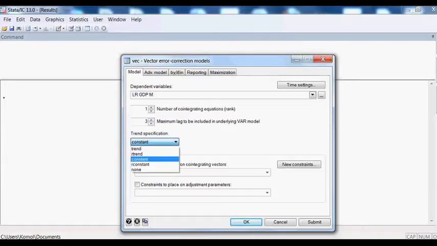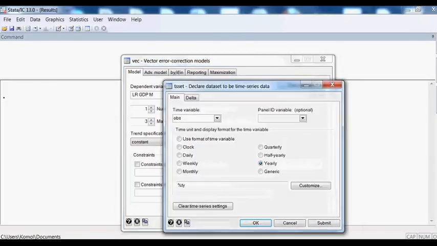And here I take the constant, then for time settings I put observation as before, then I select yearly as before, then click OK.